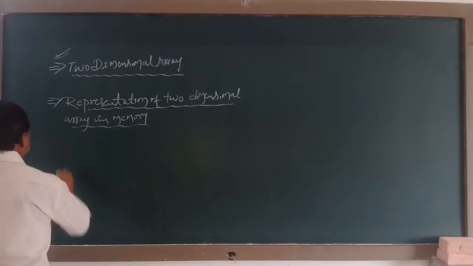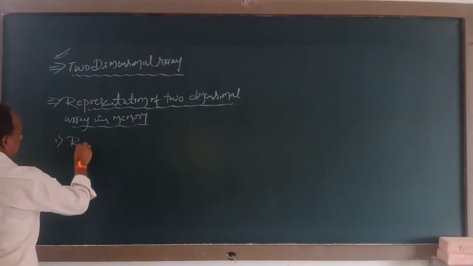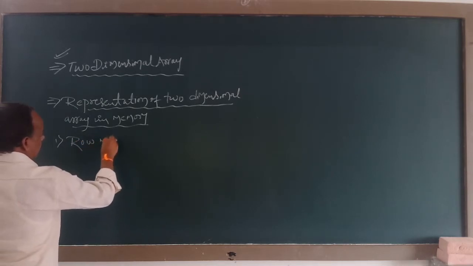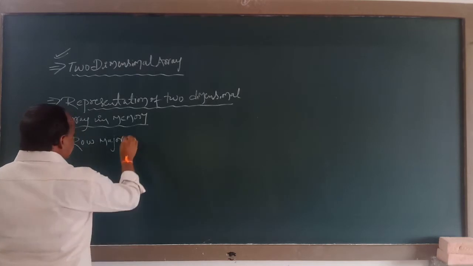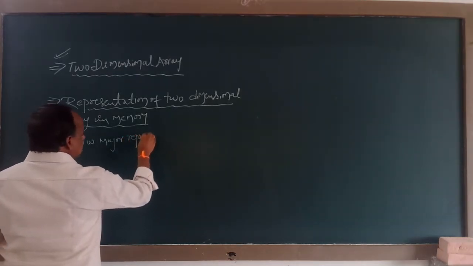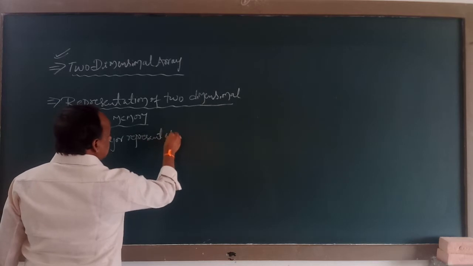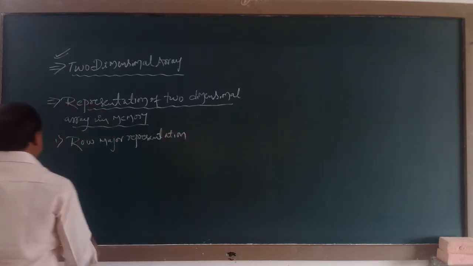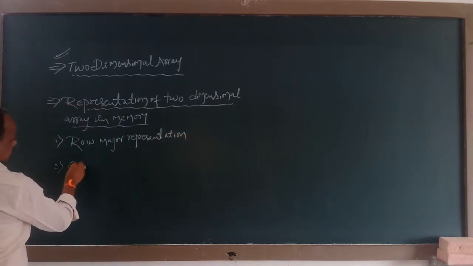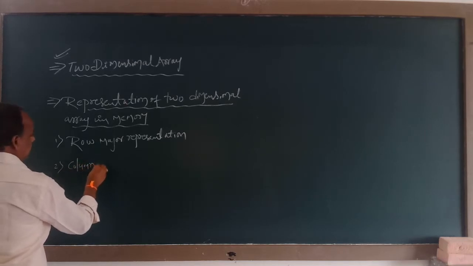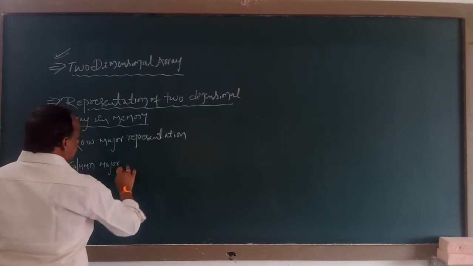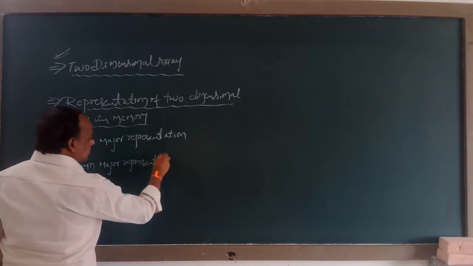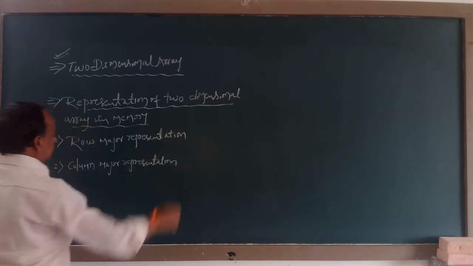First one is row major representation, and the second one is column major representation.